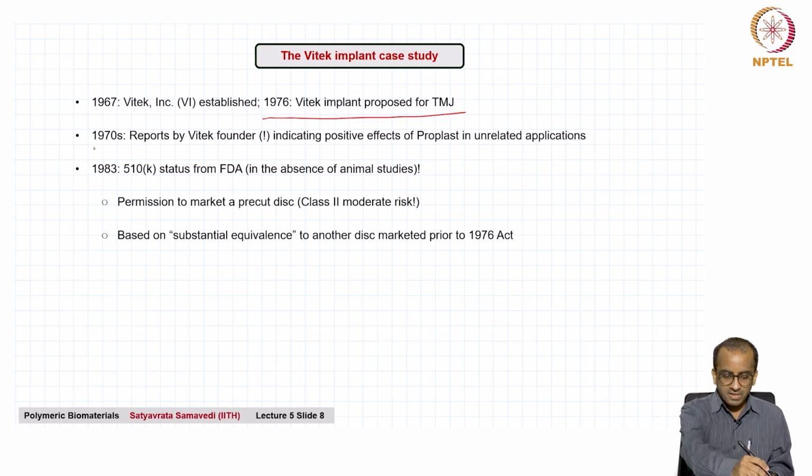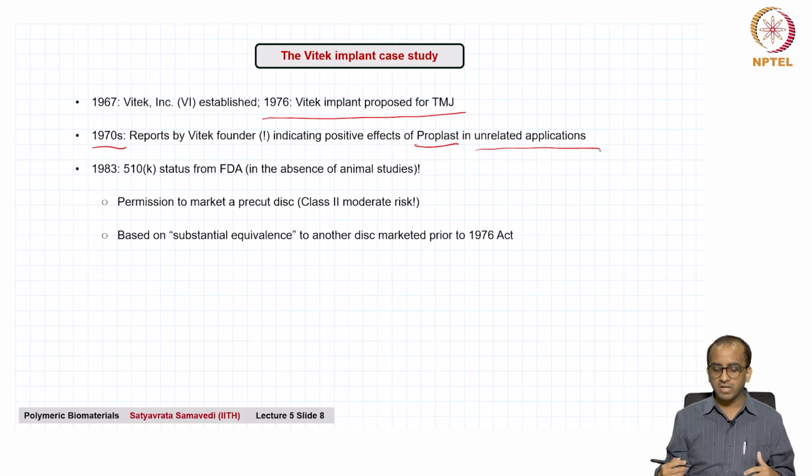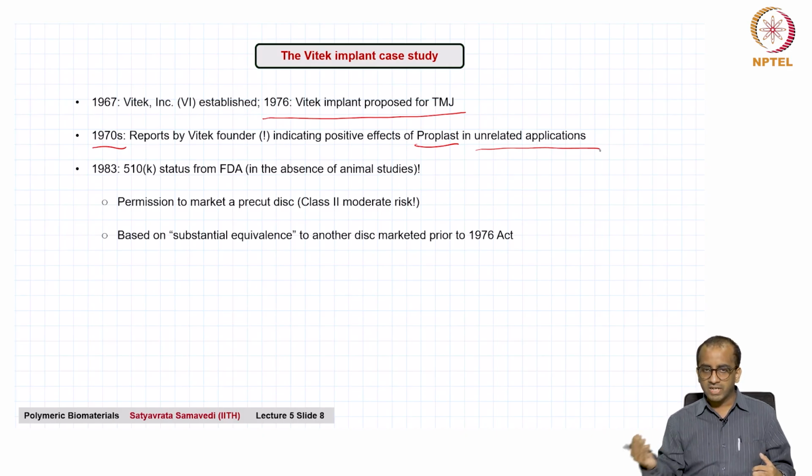In the 70s and early 80s, the scientist who had started this company had put out a series of reports indicating positive effects of Proplast in unrelated applications. So, there are two red flags right there. One is a lot of the reports came from the person who had established the company, with very little independent validation by other scientists.